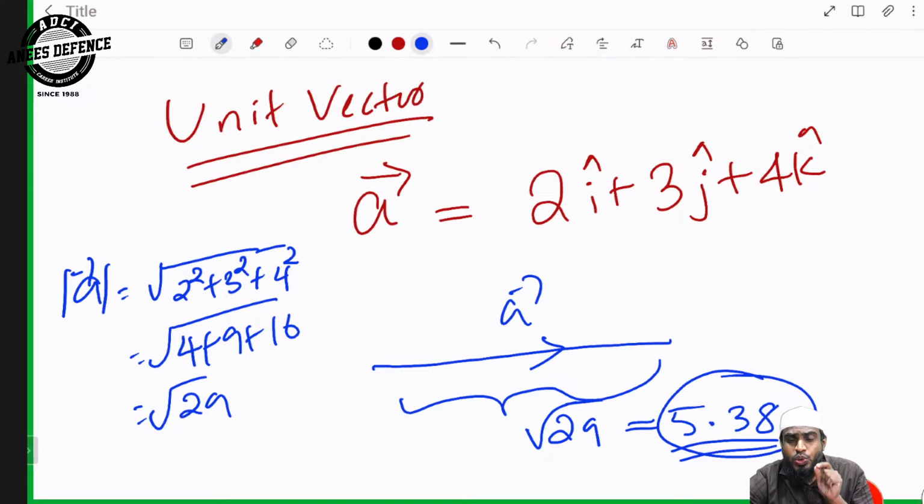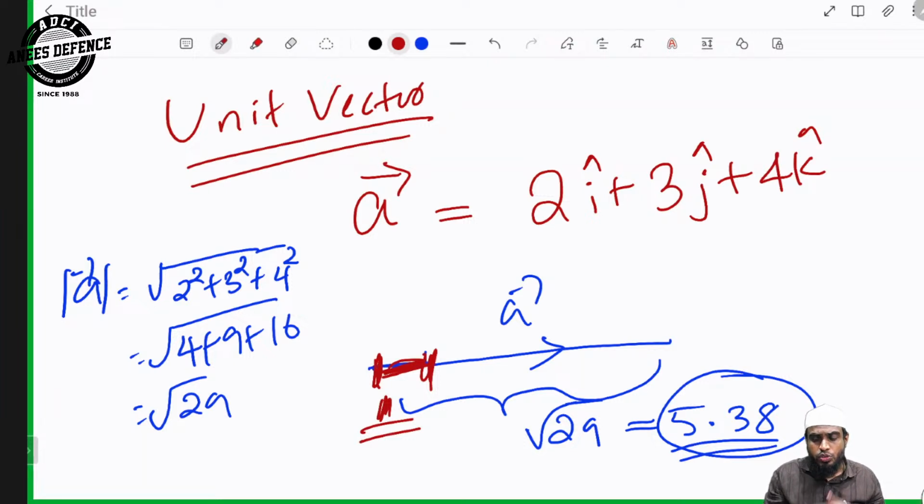You need to represent a vector along the same direction of A, but its magnitude should be equal to 1. If you are able to represent a vector along the direction of A with magnitude 1, then we can call it a unit vector along A. For example, its length is root 29, 5.38, but I require only a unit vector with a magnitude equal to 1.